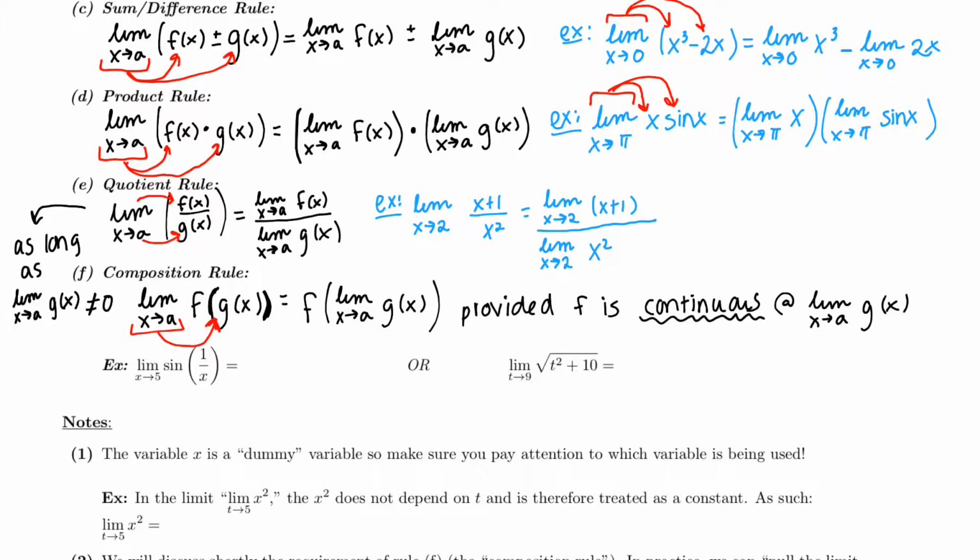So for instance, on this one right down here, because sine is continuous on its domain, and in particular at 1/5, it'll definitely be continuous. You can move in the limit and you get sine of the limit as x approaches 5 of 1 over x.